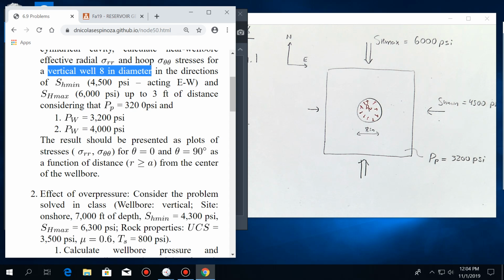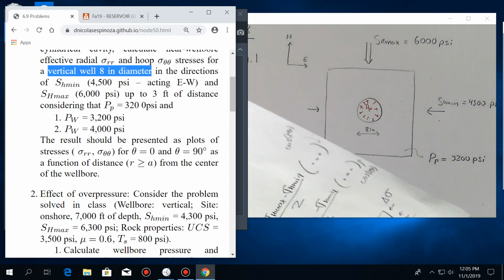Okay, so what I want you to do is to calculate sigma RR and sigma theta theta for 2 angles, theta equal to 0 and theta equal to 90. Do you remember what we call theta? Theta had a very specific meaning according to where it is measured from.